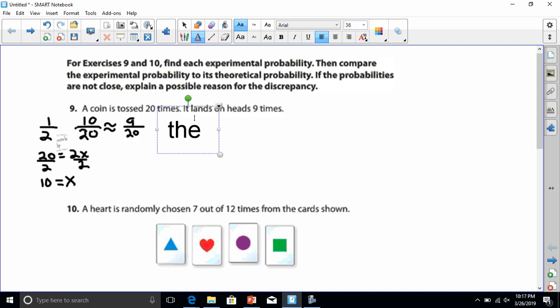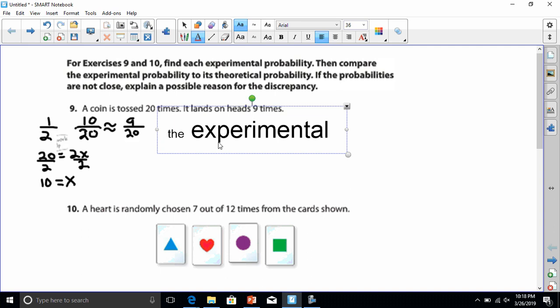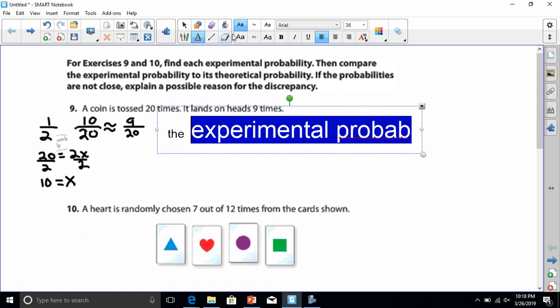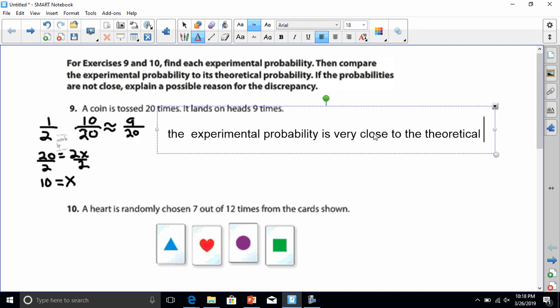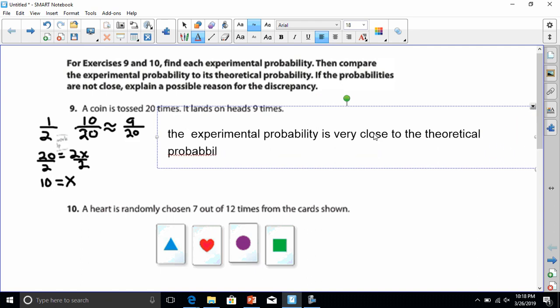So over here I put the experimental probability is very close to the theoretical probability.